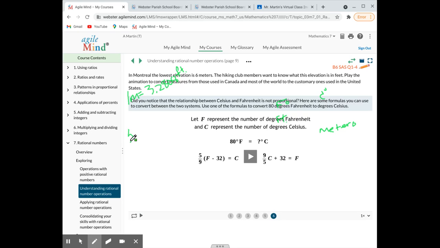So we got 5/9 times F minus 32 equals C to get Celsius, or we can do 9/5 times C plus 32 equals Fahrenheit.